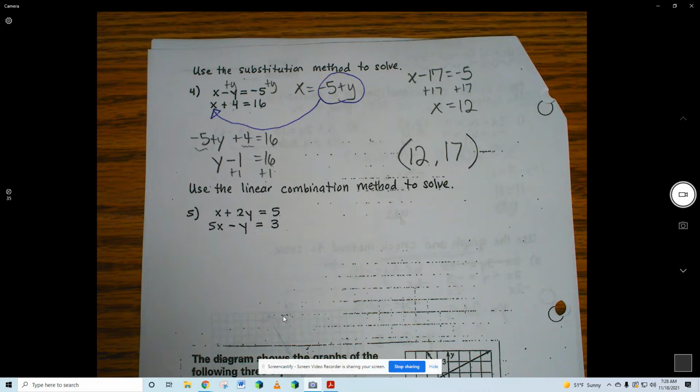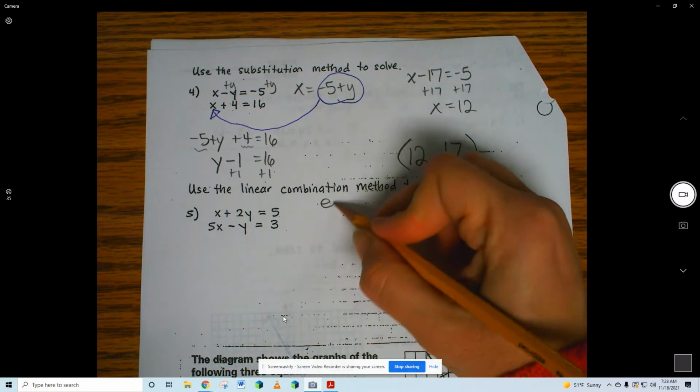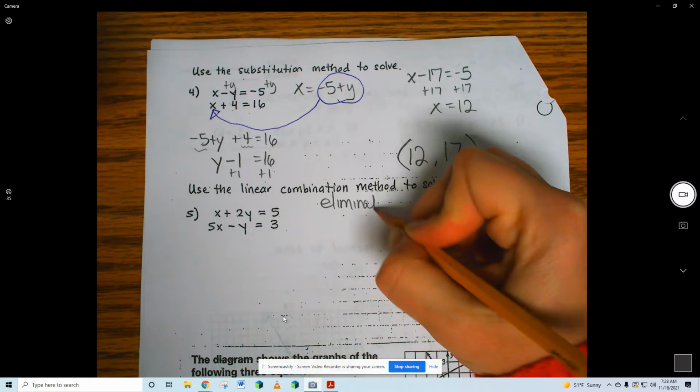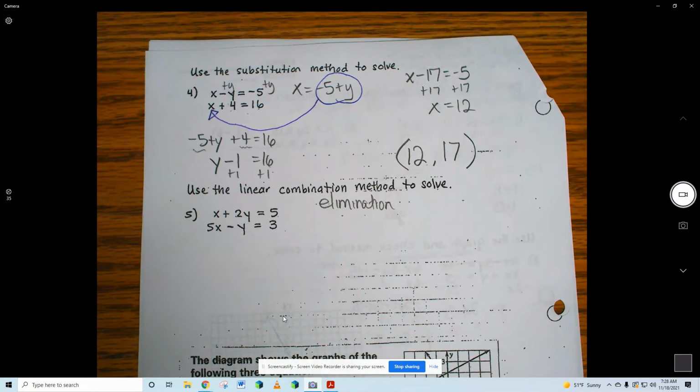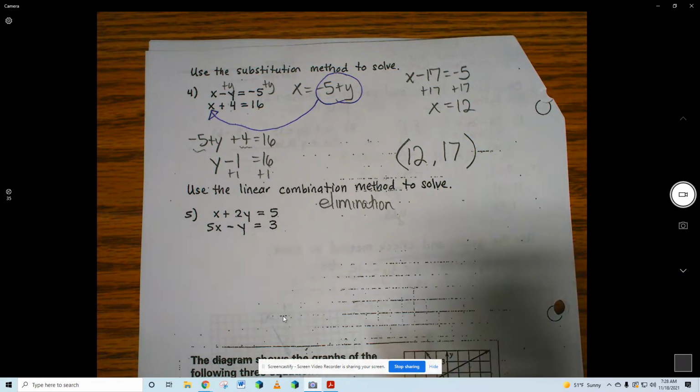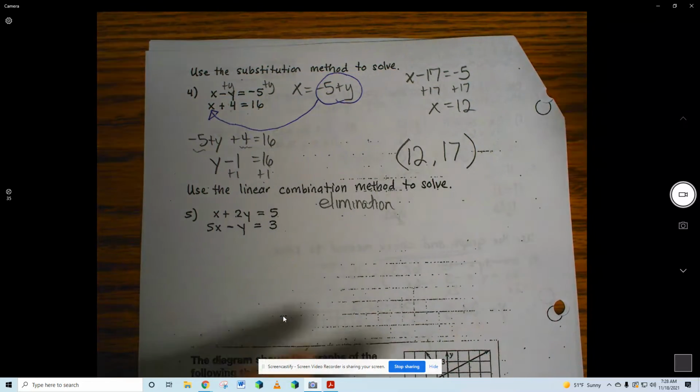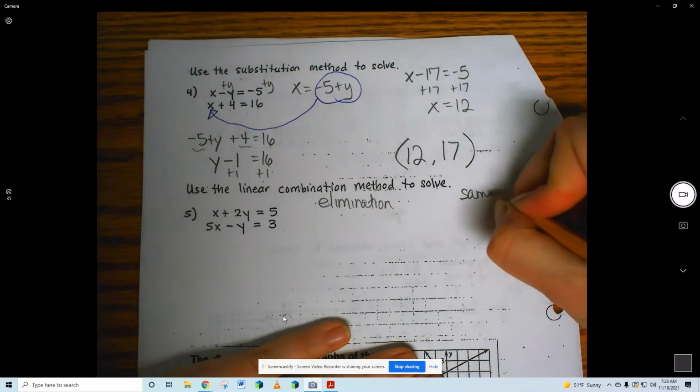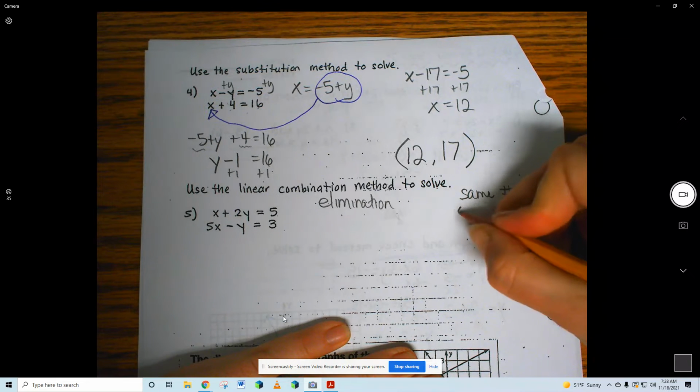Linear combination. That's elimination. There's lots of different words to describe the same thing. Elimination method. So I want to have the same number, opposite sign.